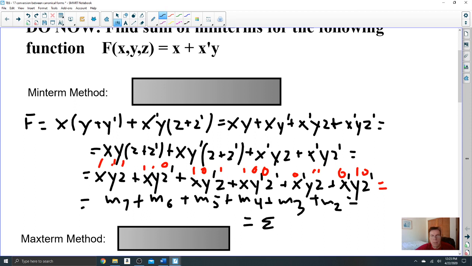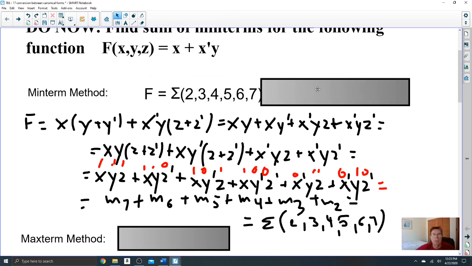Sigma means addition, so it means sum of all those terms, m7 plus m6 and so on. We list the terms: 2, 3, 4, 5, 6, 7. All right, let's see if it actually matches our answer. So, sum of 2, 3, 4, 5, 6, 7.